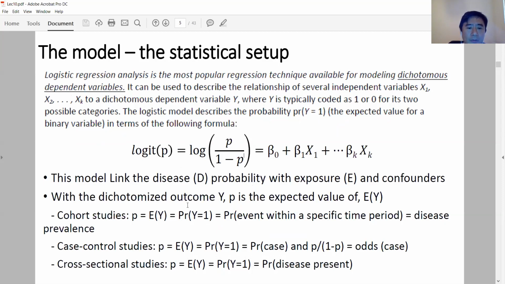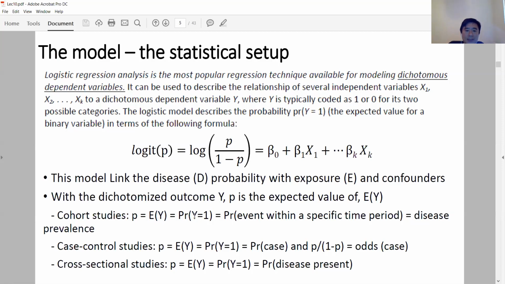And here p, you can consider p is the expectation of your y, only if your y is a binary variable. Because if your y is a binary variable, the expectation of your y is just the probability of y equal to 1. This only holds if you code your variable as 0 and 1. If you code as 1 and 2, it won't work. Only if you code as 0 and 1 is the expectation of your outcome y equal to the probability y equal to 1.